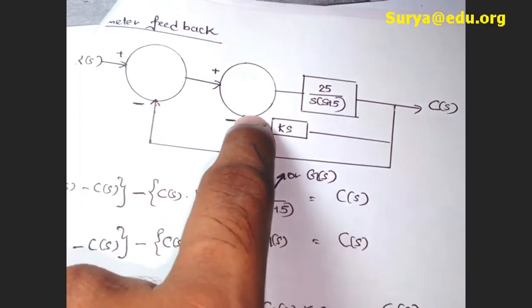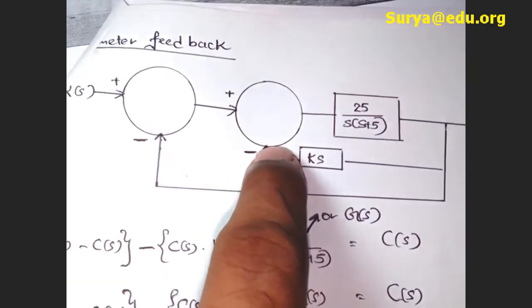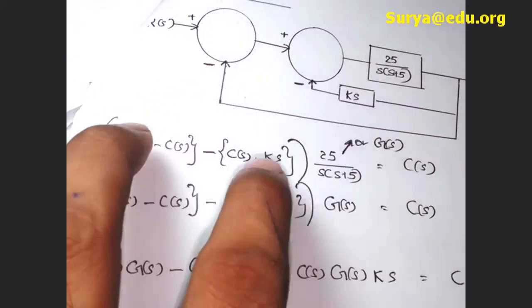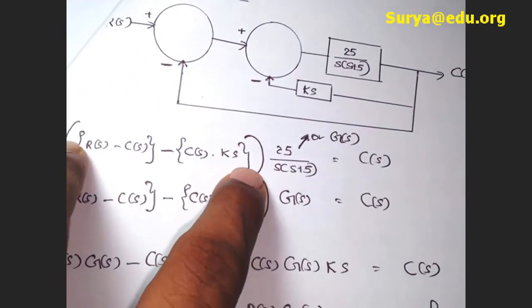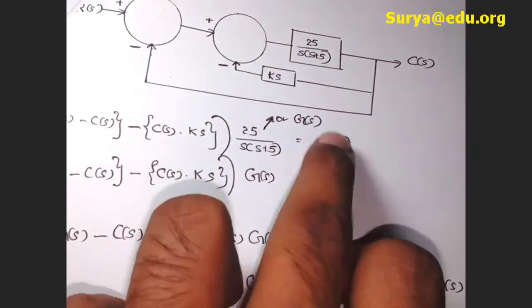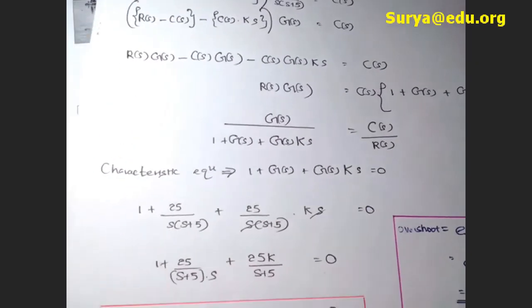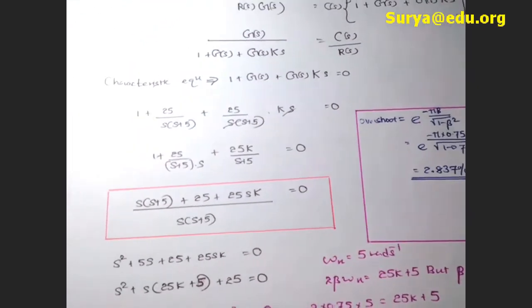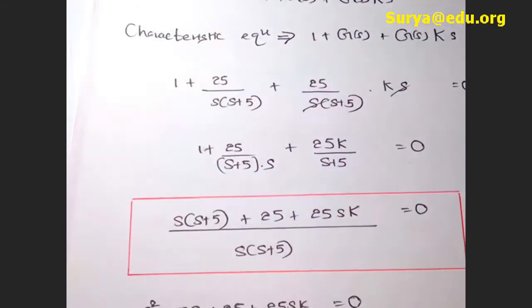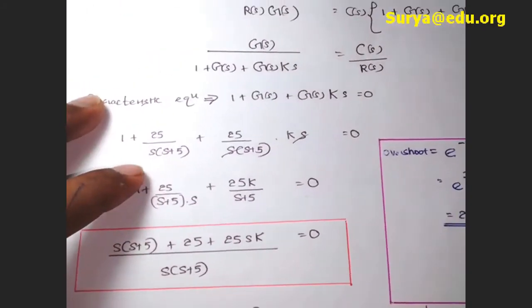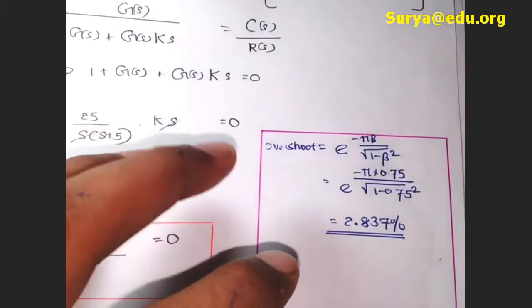Then from here again it is subjected to an arithmetic operation, multiplied by this member, then ultimately equals C(s). So simplify, get the standard equation, then match and find the necessary values, overshoot or whatever.